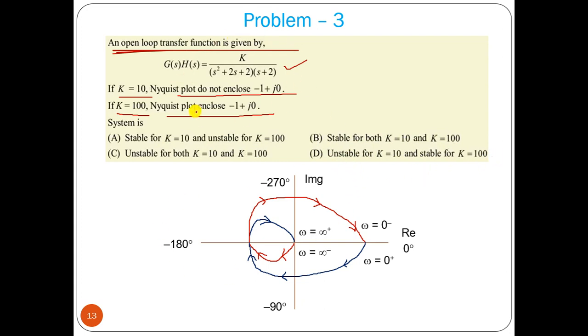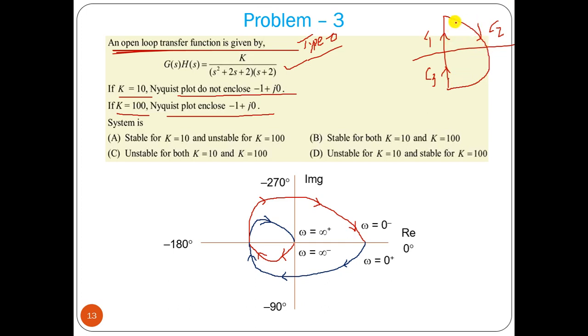Now, from this particular case, we have to draw the Nyquist plot. This is a type 0 system. So, we will have only 3 sections, C1, C2, C3. C1 is the polar plot, then the infinite radius plot.